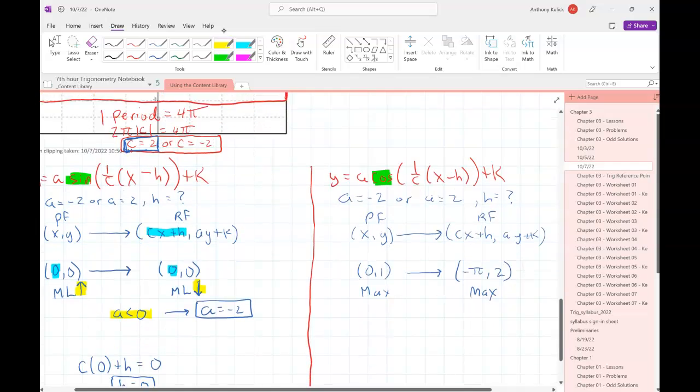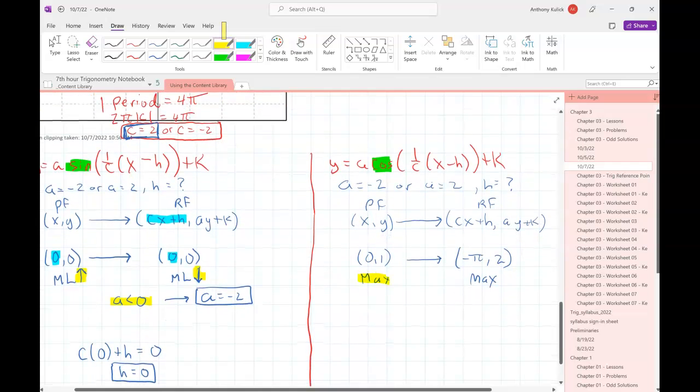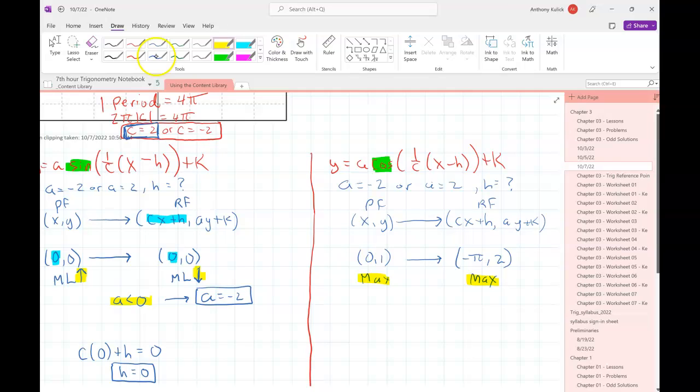So what I observe here is that I'm pairing a maximum with a maximum. That's great. That tells me that the value for A must be positive. So my A here should be positive 2.